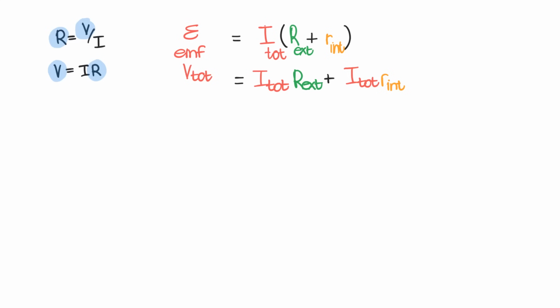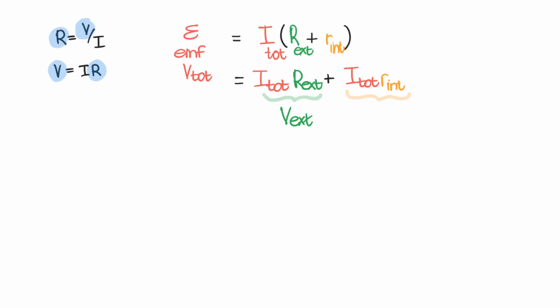Now, if I use the formula that I've shown you there, it means that I total times R external will, in other words, relate to a specific voltage, the same on that side. And here we would then be able to say this is equal to V external. Remember that the V and the R match.